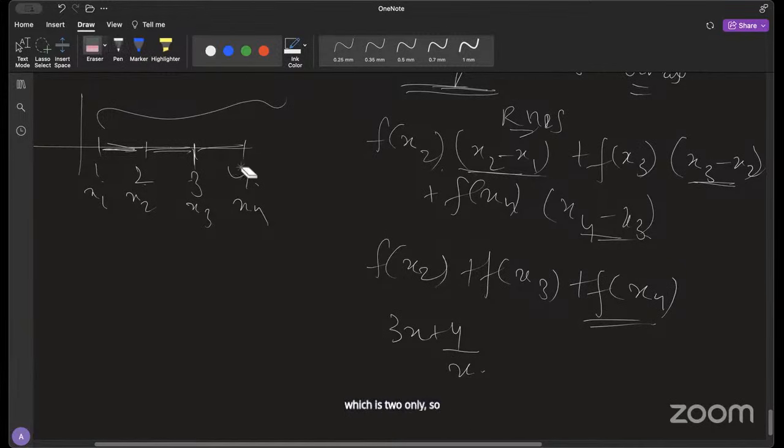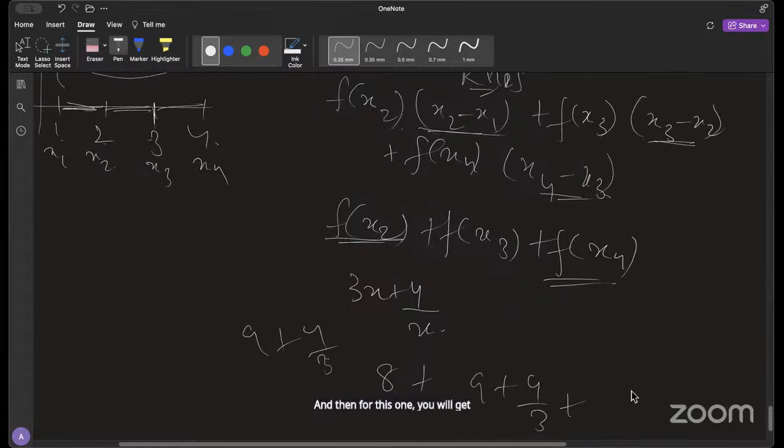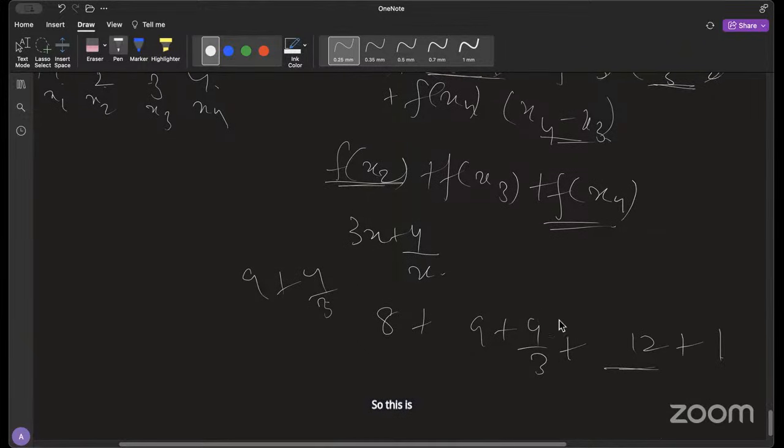So it's 8. Then you will put 3 here. So you'll get 3 times 3, 9, plus 4 by 3. And then for this one, you will get 3 times 4, 12, and 4 by 4, 1. So this will be your answer: 20 plus 4 by 3. You can solve this.